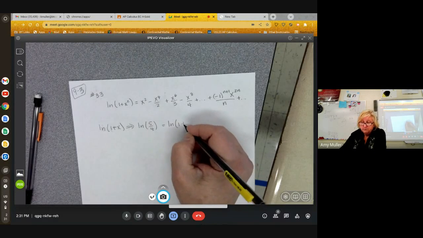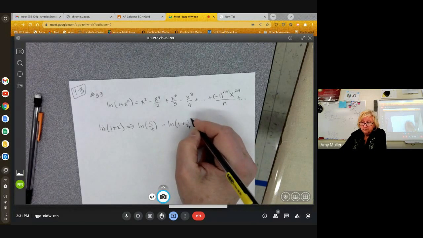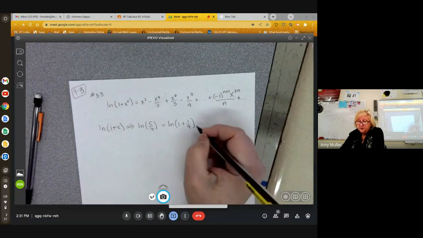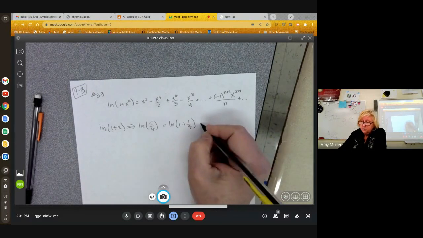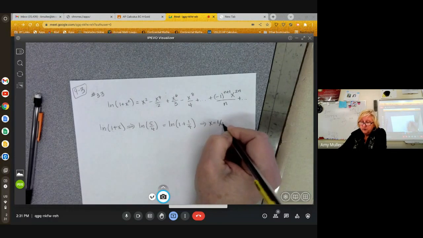Would you agree with that? So that would be at X equals 1/4, because this would be 1 plus X.